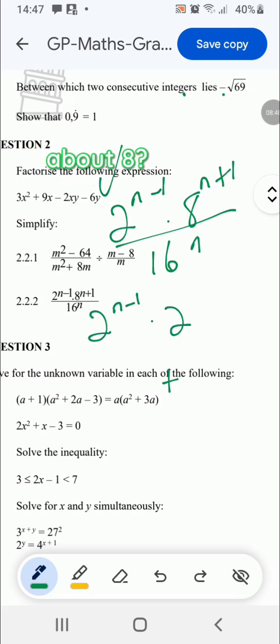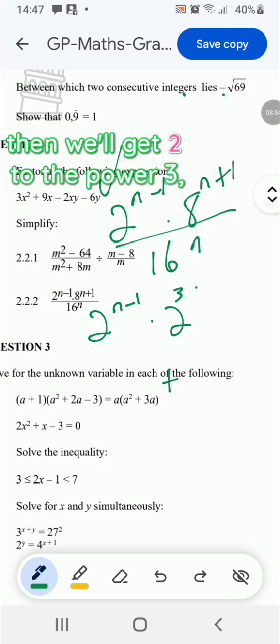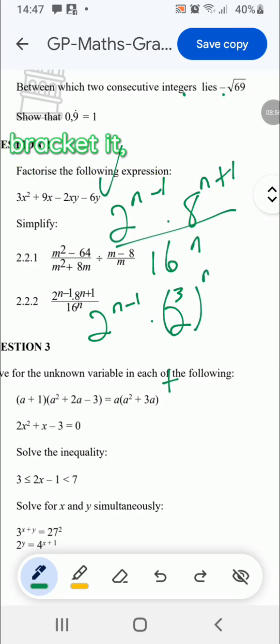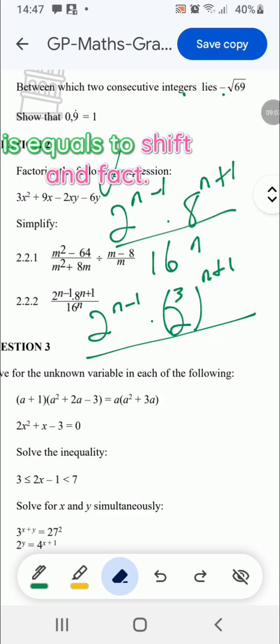What about 8? Now we punch a calculator, we say 8 equals shift, fact, then we'll get 2 to the power 3. Bracket it, n plus 1. 16, we also find the factor, we punch 16 in the calculator, equals shift and fact.